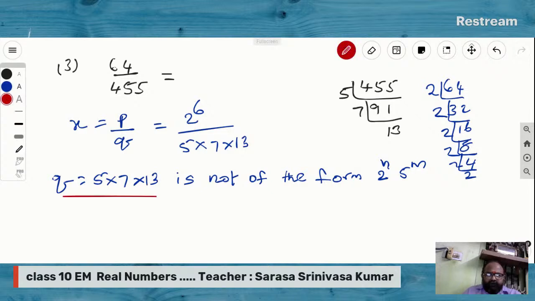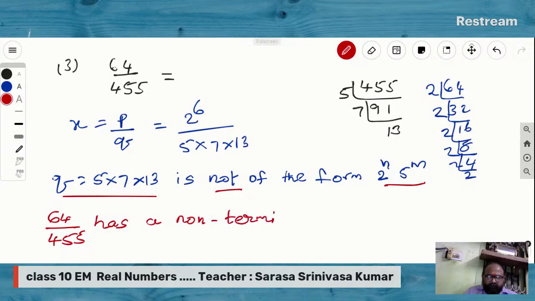Since q is not of the form 2 power n, 5 power m, then 64 by 455 has a non-terminating recurring decimal form.